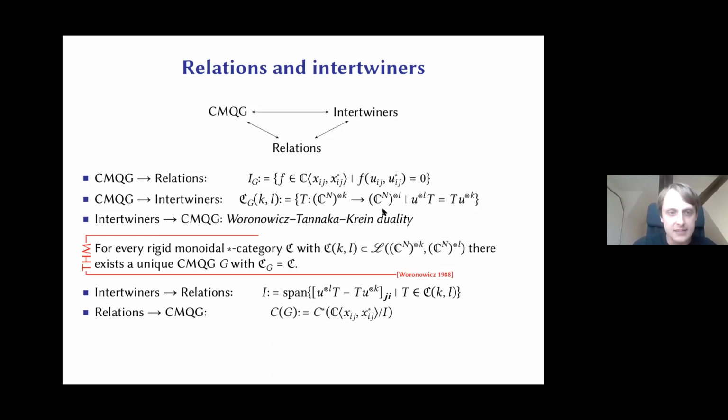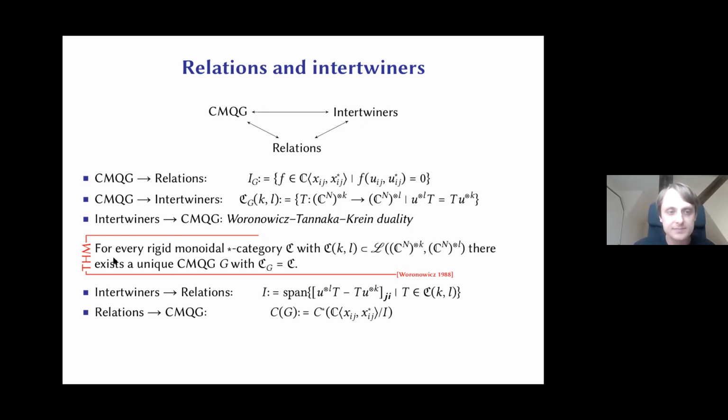Okay, so those are the intertwiner spaces, and the important point is that they form a category. What this means is that if I have an intertwiner from u tensor power k to u tensor power l, and then from l to m, I can compose them, and that's an intertwiner from k to m. So there's a category structure. And now, this is going from here to here. And now I want to reverse those arrows.